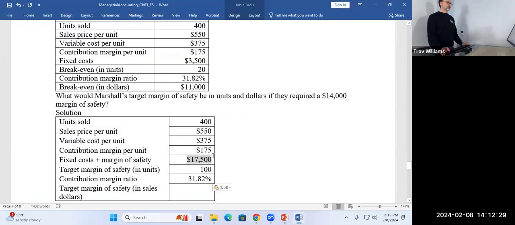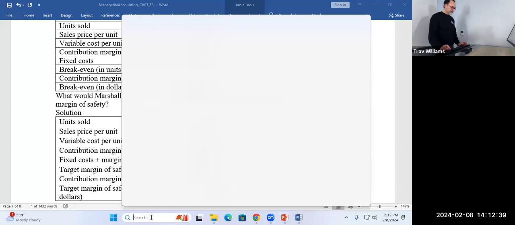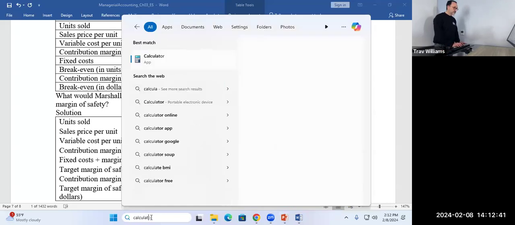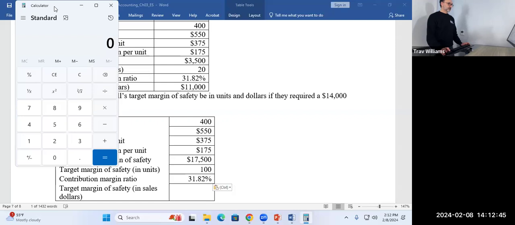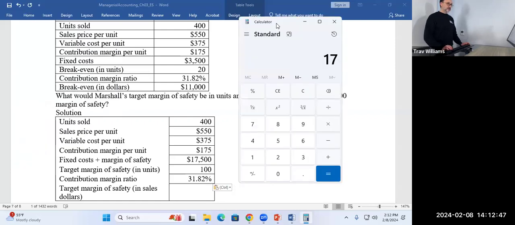So here we have fixed cost plus margin of safety. We'll divide it by our contribution margin ratio. And let's see what we get. So that's 17,500 divided by 0.3182. And we can round that off to $55,000 of sales.